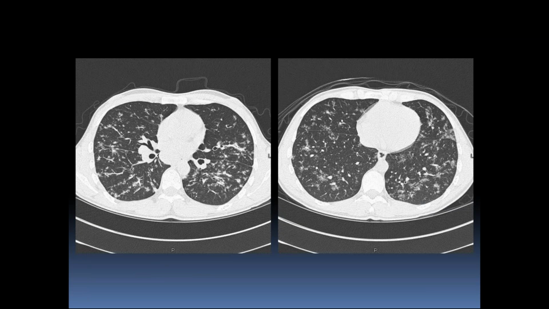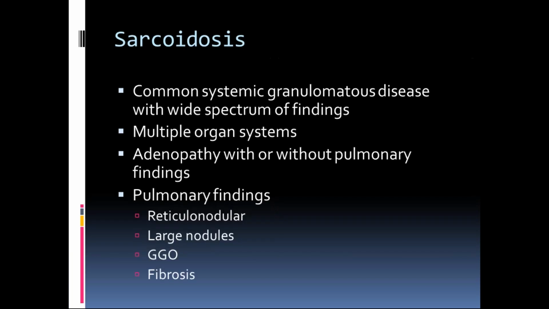Where are these nodules? You can see them along the vessels, you can see them along the bronchi, you can see them along the major fissures that you can see. So they're kind of, to a certain degree, everywhere, but I would typically say that this is a peribronchovascular distribution because you can see it just kind of branching out along the vessels in the bronchi. And so this is a typical bottle brush appearance of sarcoid.